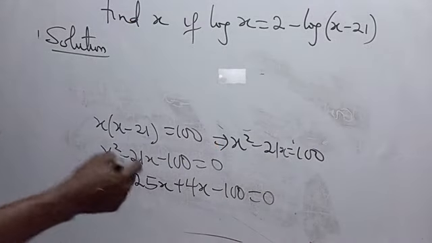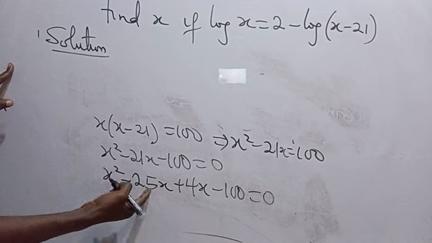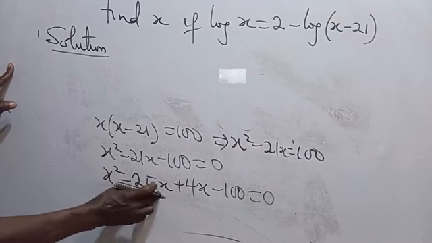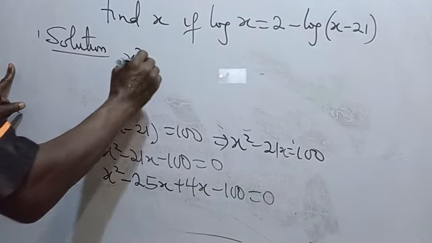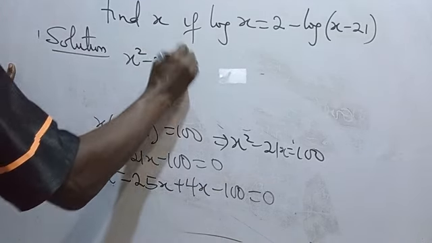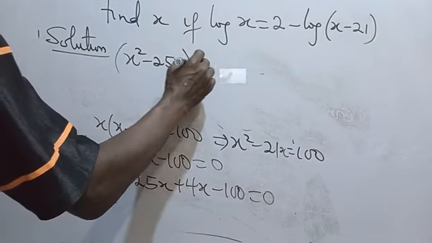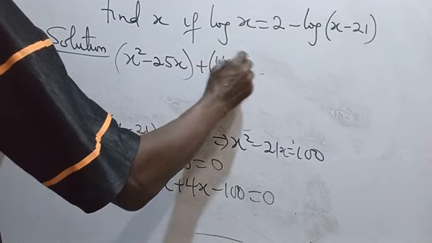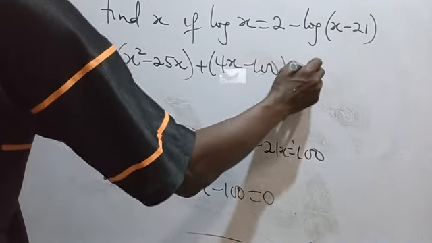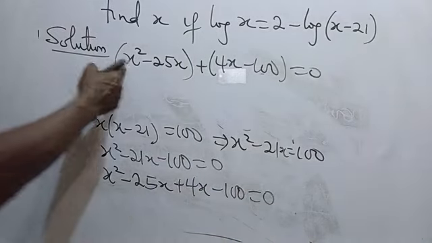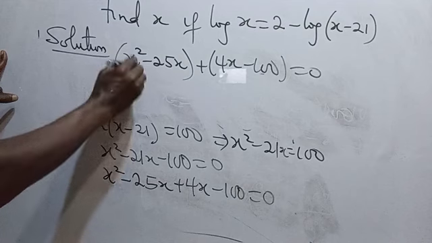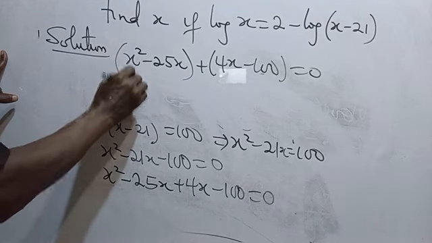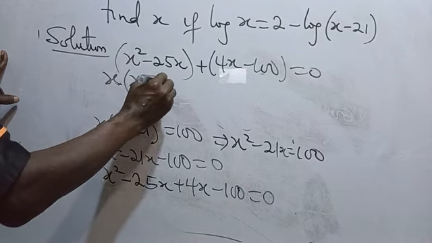You cannot pair them because you now have four terms: 1, 2, 3, 4. So pairing them, we have x squared minus 25x, then plus 4x minus 100. What is common here? x. x into bracket, when you divide x squared by x, you have x, then minus 25.